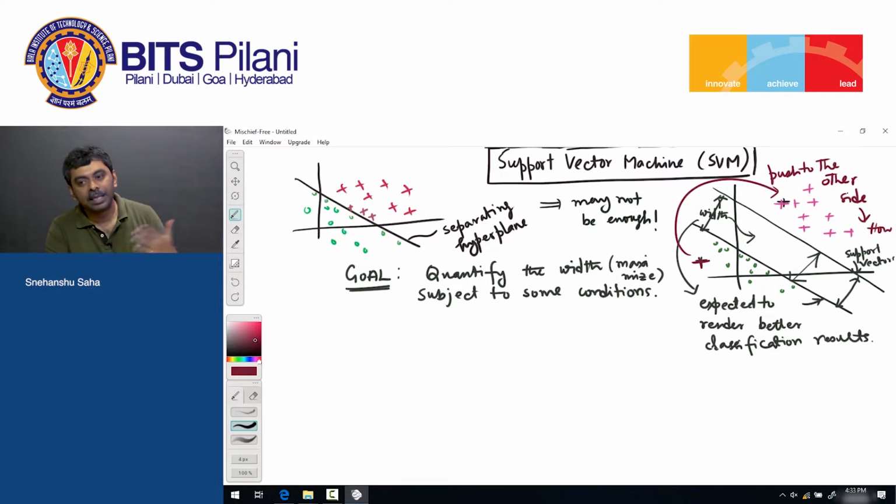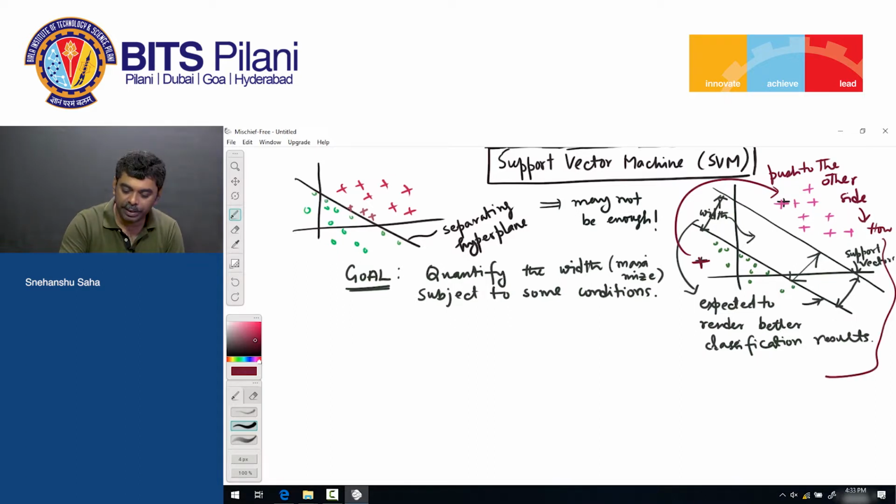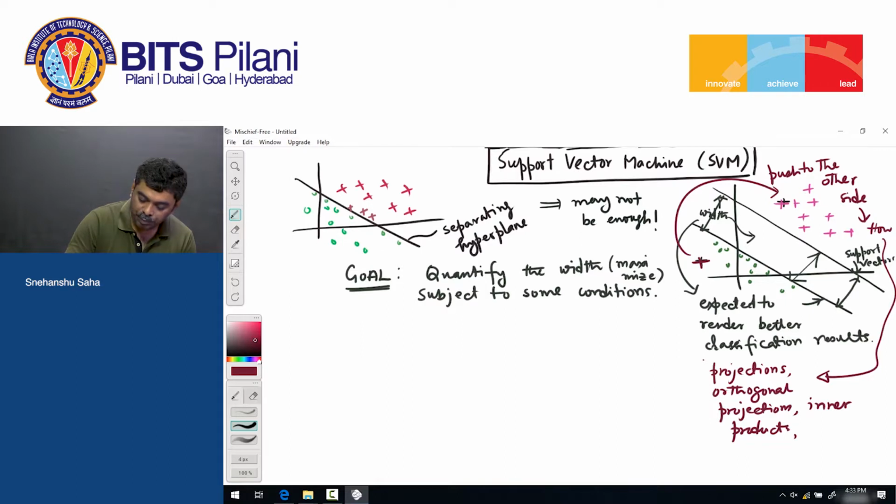There are some techniques and methods available in linear algebra, which is the reason we introduced linear algebra when we started this course. So we would take help of projections. These are some of the tools that we are going to use. What really happens is, you realize that this is equivalent to an optimization problem.